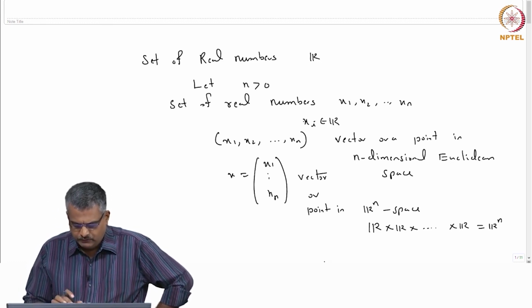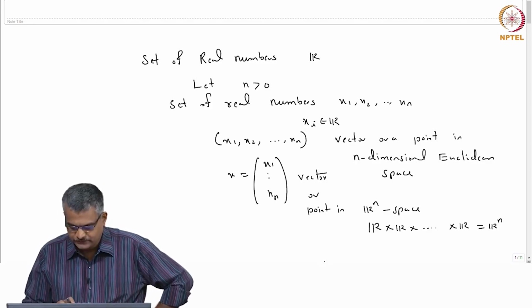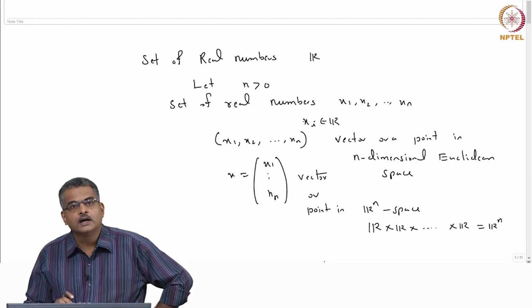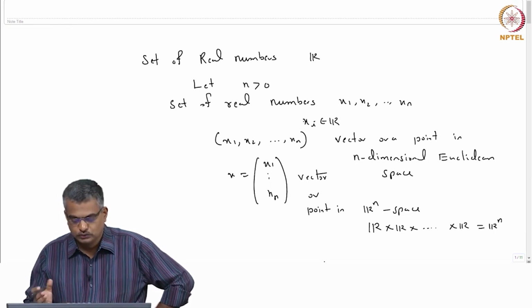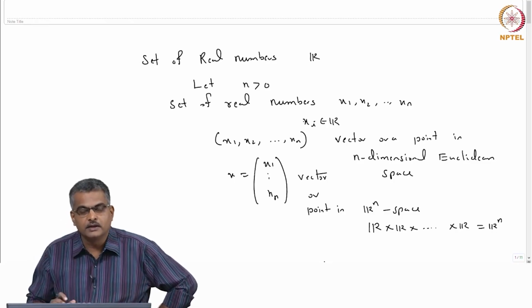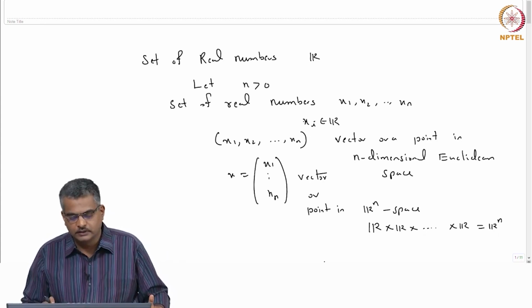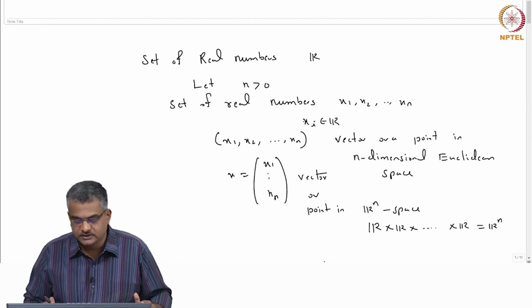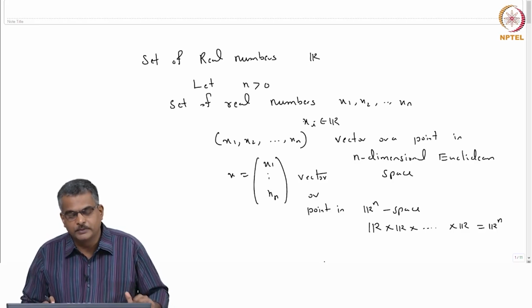So we have a vector now in an n dimensional space. This was the idea given by Riemann. Until Riemann, we had Euclid's postulates, we had the work of Descartes, so all their work was confined to plane geometry.